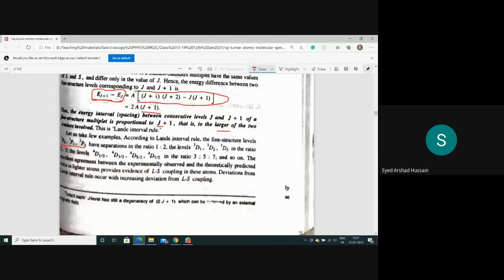So the separation ratio in this case is 1:2. Similarly here, this is 2:3, because the 1 and 2 separation is proportional to 2, and the 2 and 3 separation is proportional to 3.